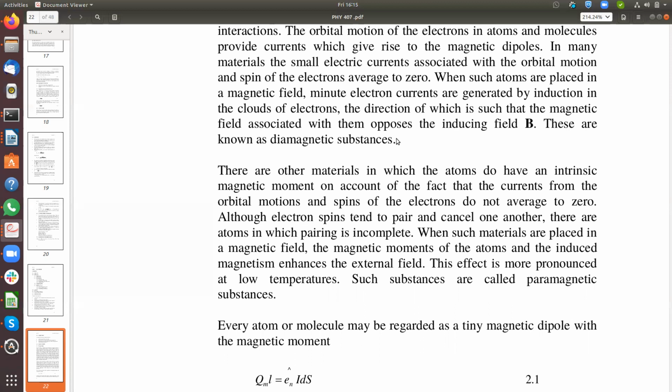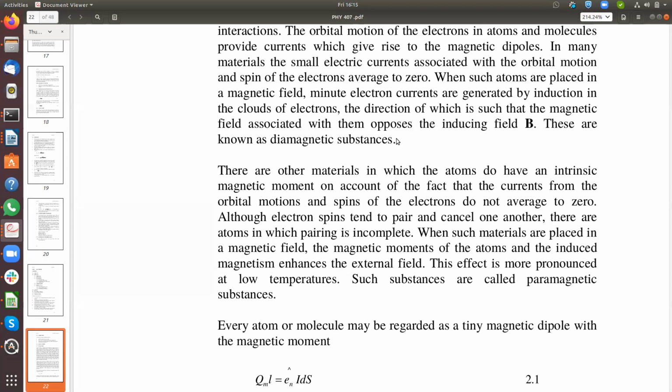This effect is more pronounced at low temperature, and we generate a material called a paramagnetic substance. So at low temperature, it is easy for us to generate paramagnetic substances, provided the spins of the electrons and the motion of the electrons do not average to zero.